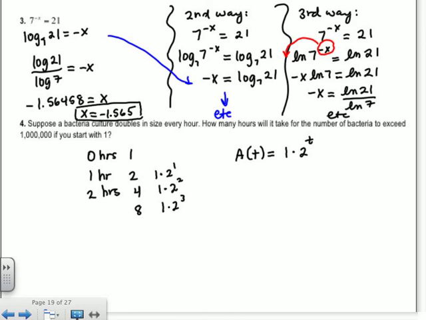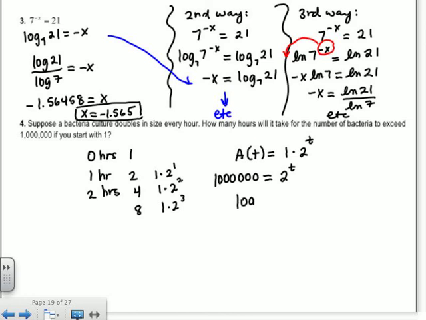Okay, so I want to find when it's equal to 1 million. So 1 with 6 zeros. 1 times 2 to the t is just 2 to the t. Okay, so solve it any way you like. Which way did you guys like up here? Log over log, this one? Yeah. The first one? Okay, so you can switch to exponential form, or switch to logarithmic form.